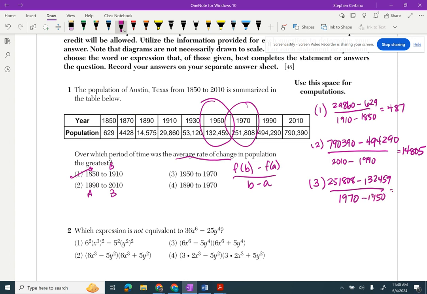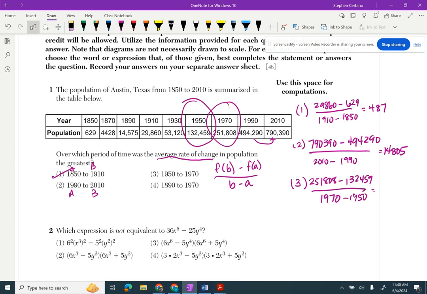You can see the biggest jump in population happened here, but we have to take account the years as well. That's what average rate of change takes into account. And this is about 5,967.5.